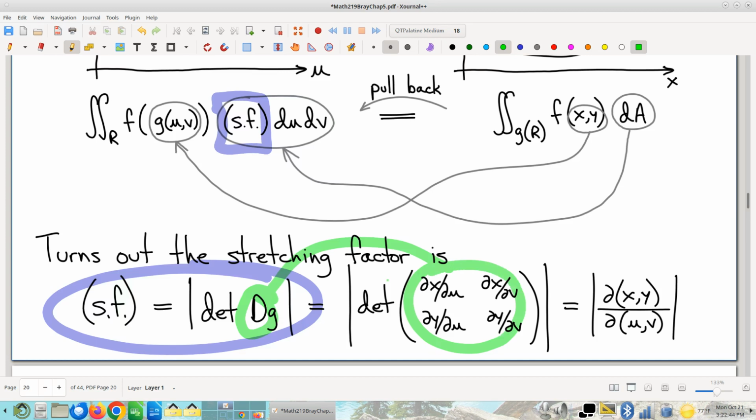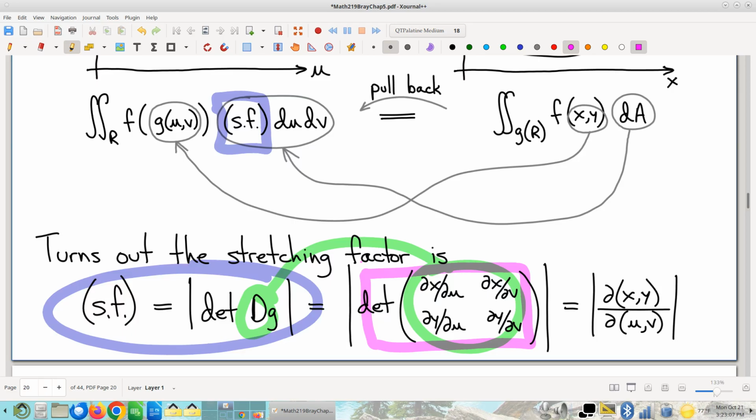Turns out, and I think this is pretty believable, if you look at this determinant, let me just think out loud about what we're looking at. The determinant is a scalar. So this thing that I have highlighted in purple is a scalar, and it's a scalar that's heavily involved with all the partials of x and y with respect to u and v.